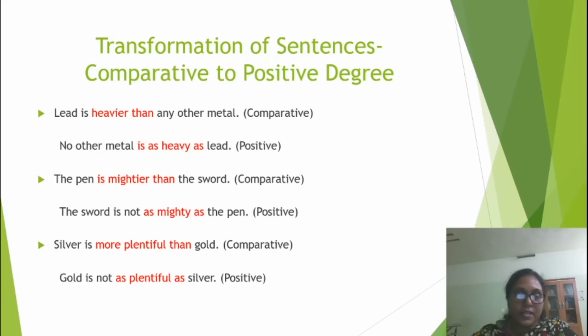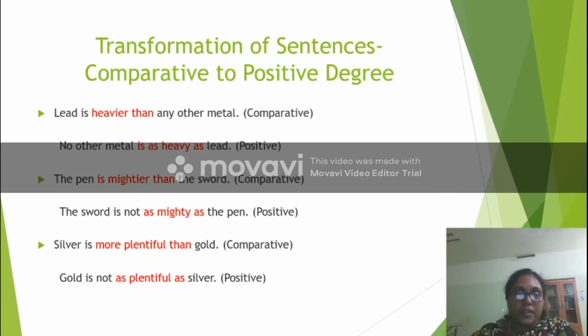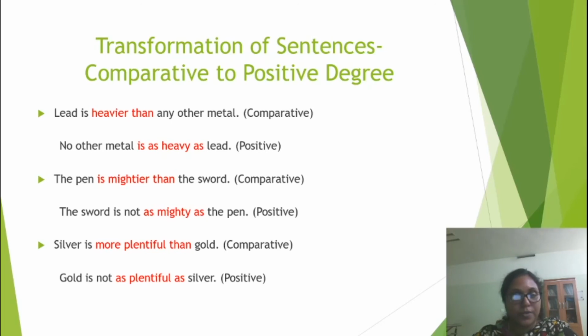The pen is mightier than the sword. So it is in the comparative degree. We can say that it is in the comparative degree because the comparative degree of the word mighty is used there, and than is also used. Its positive degree is, the sword is not as mighty as the pen.